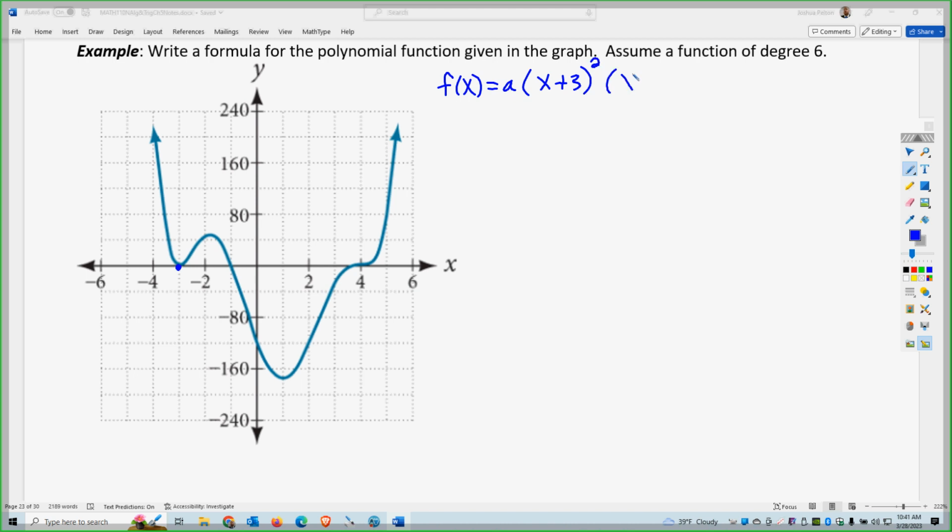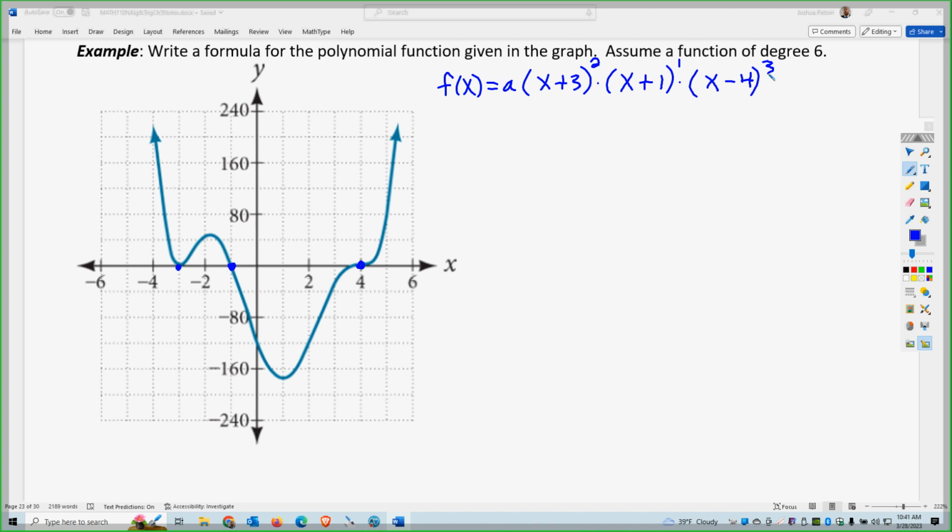So the next one is x plus 1, because it passes through at -1, but it passes through in a linear manner, so I'm going to say 1, which is odd. And the last one, x minus 4, right there. So that passes through the graph, so it has to be odd, and it's passing through in a cubic manner. So I'm going to say 3. So 3, 2, and 1 give me 6. So that's a degree of 6.